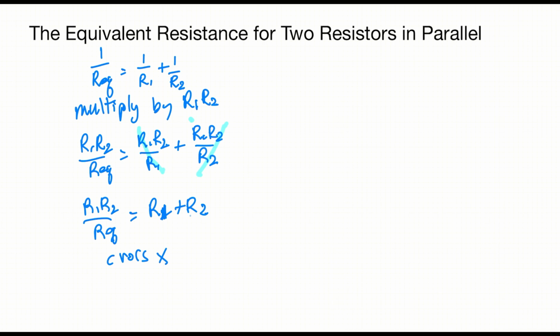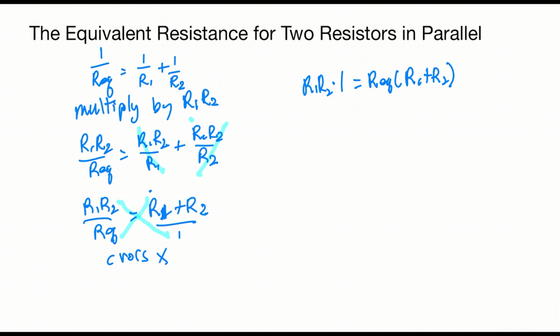The left side is really over 1, because everything really is over 1. When we cross multiply, we get R1 R2 times 1, and the second cross multiplication gives R equivalent times R1 plus R2.